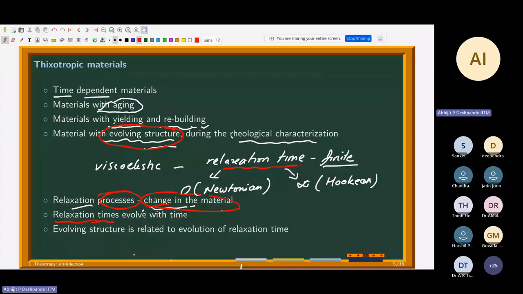But for a thixotropic material, they may be different based on the extent of rebuilding or formation. Therefore, the structure is related to relaxation time, and relaxation time affects the relaxation process. That's how the stress, strain, and other responses in the material get modified.